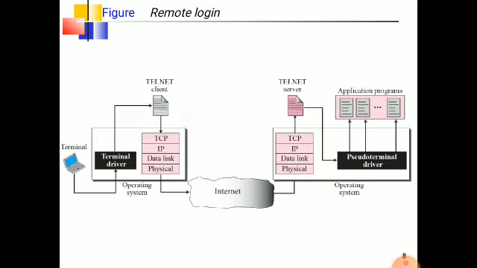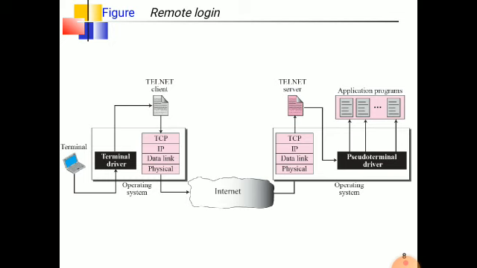Now the remote login. Remote login means the system which is available in our college in lab number 401, and I want to access that system. That is the remote login. Now how can I access that system? At that time we require an internet connection, right? Via that internet connection, the characters or data will be transferred.